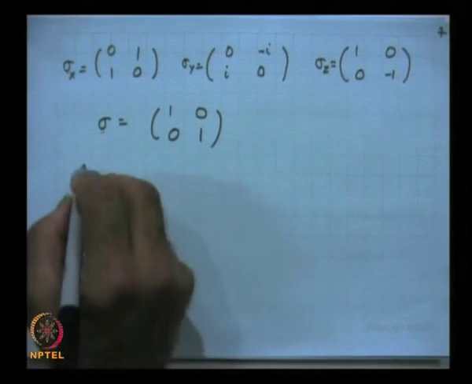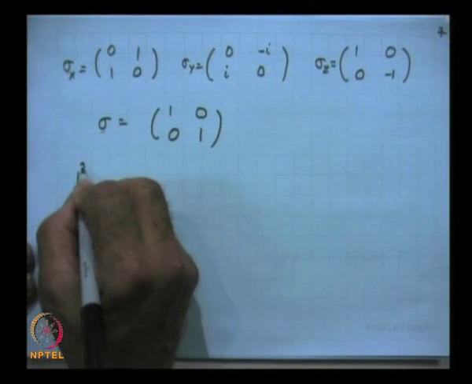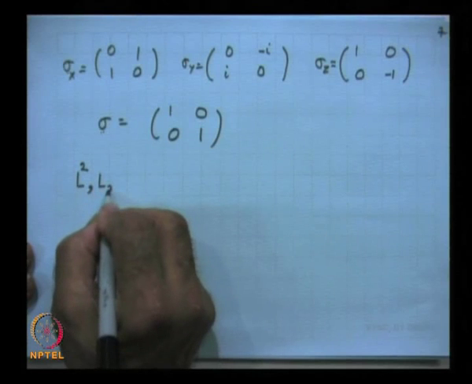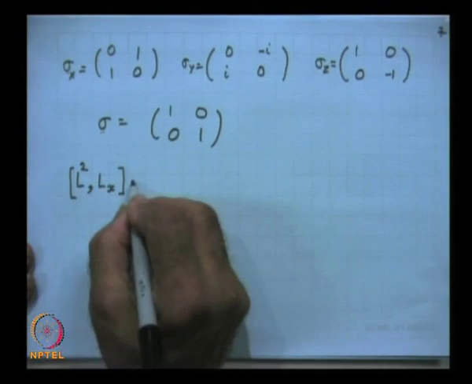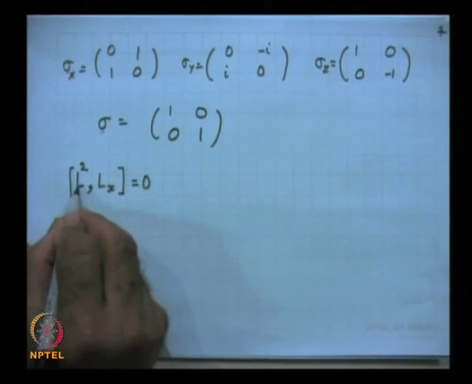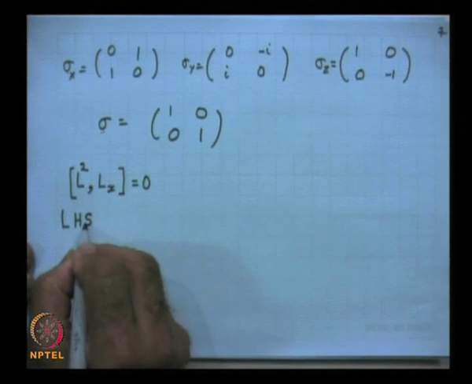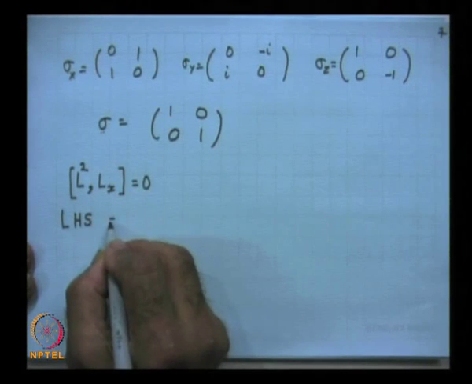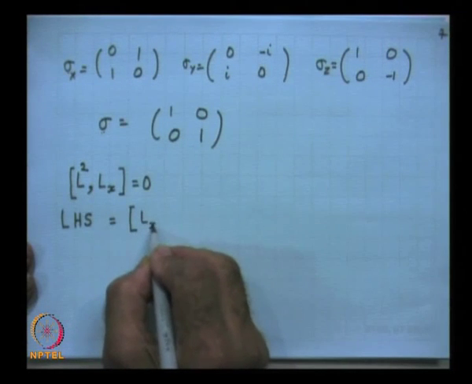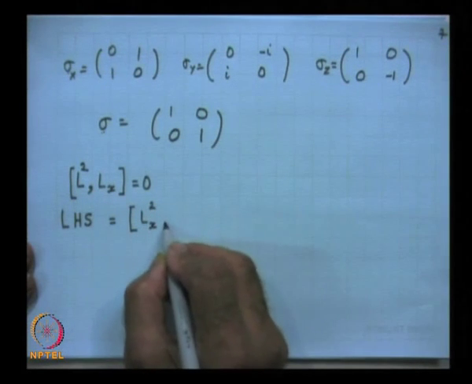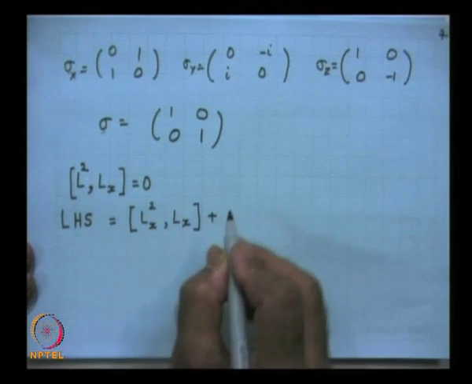So, let me try to show that L square commutes with L x. I will show that this is equal to 0. Now, let me consider the left hand side. L square is equal to L x square plus L y square plus L z square.